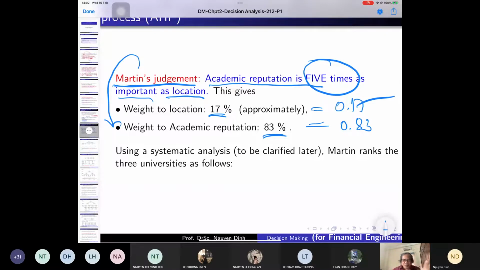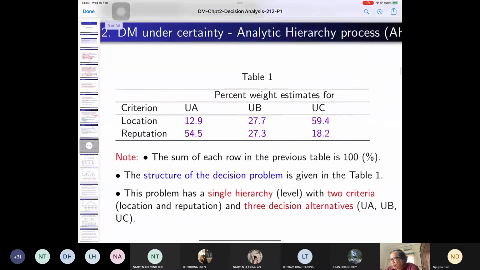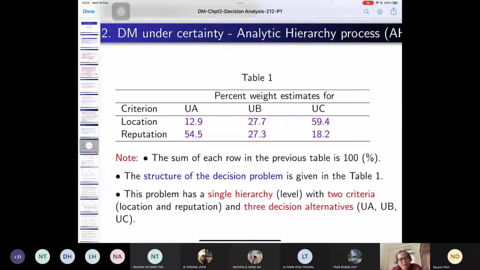So the sum of the two is 1. Academic reputation 0.83, the other one 0.17. You understand the weights of the two like this. And using a systematic analysis, to be clarified later, Martin ranks the three universities UA, UB, UC as follows.